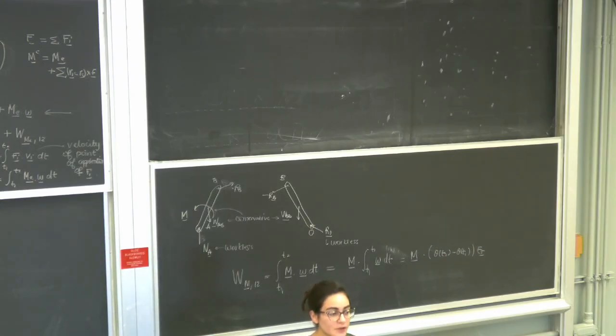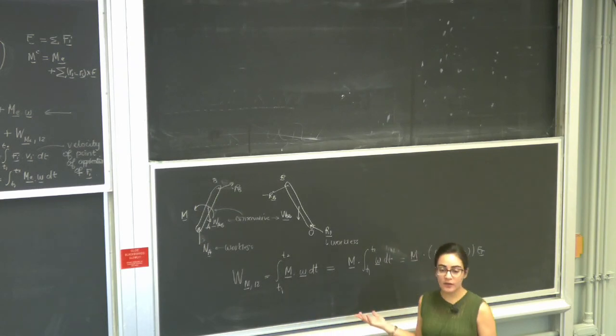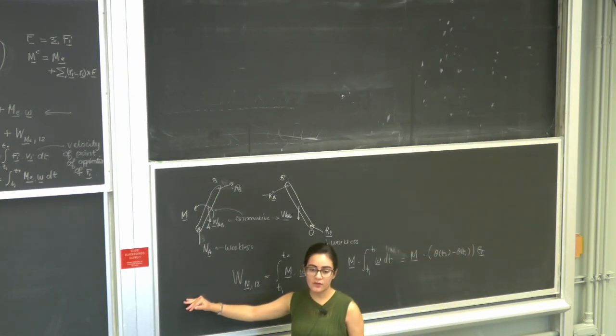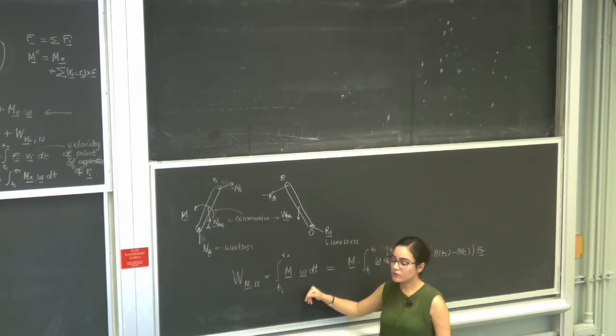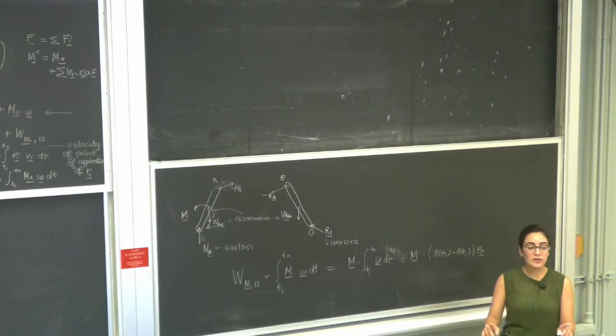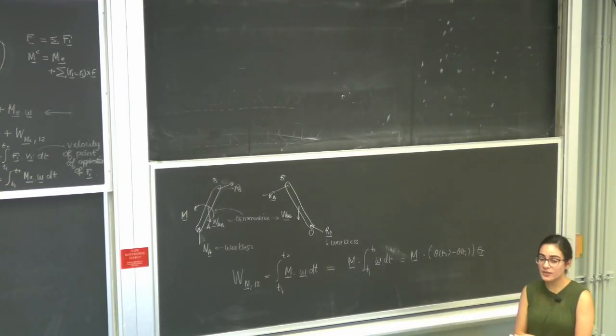Okay. So then for each bar on its own, is the energy of bar AB conserved? Yes. Oh no. No, because of B. And here, also no, because of B. However, if I consider the combined system of the two, is the energy going to be conserved?